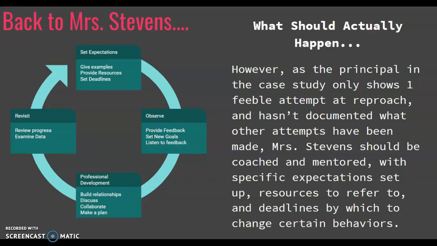And are there things that we need to consider that are outside of the box? Is there trouble at home? Is there something we're missing? Are we doing our observations at the same time? I feel like we need a lot more information, and unfortunately this principal didn't leave themselves enough time to get that information, and without knowing those details, it's hard to say exactly what I would do.